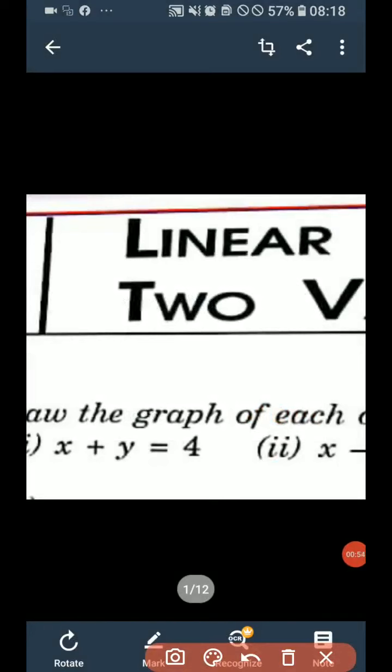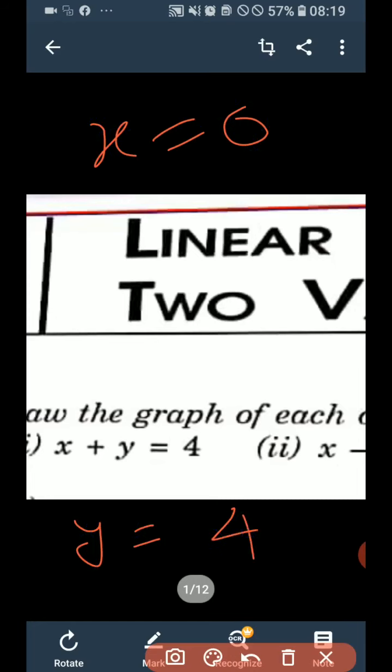If I put x equal to 0, I will get y equal to 4. If I put y equal to 0, I will get x equal to 4, right?